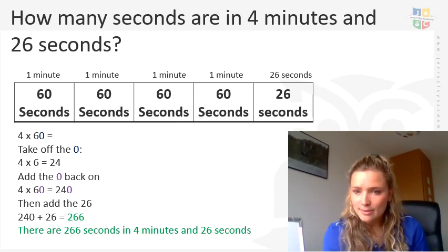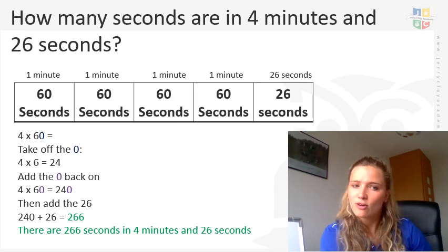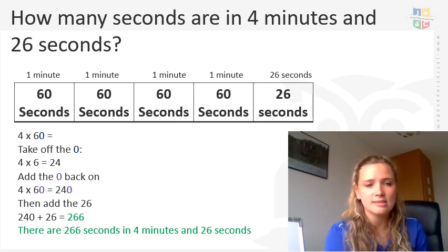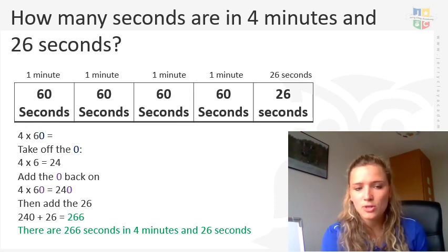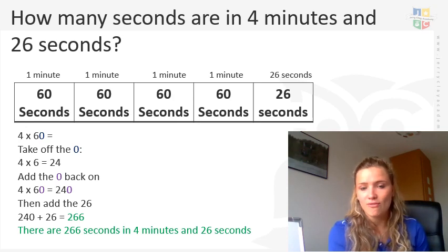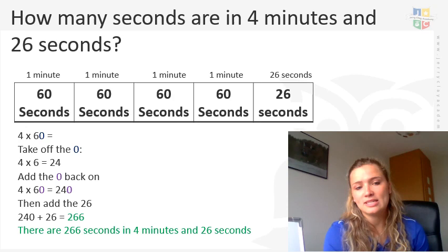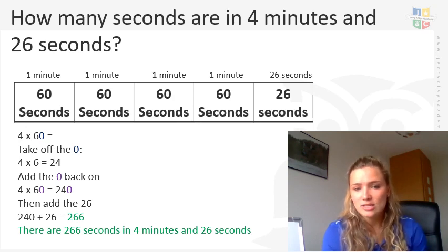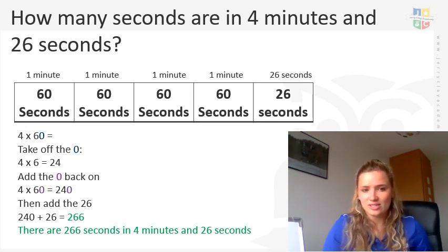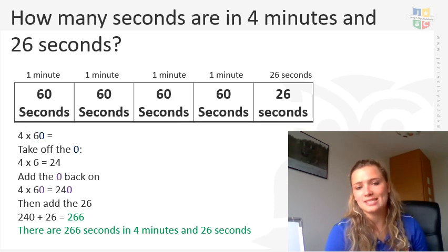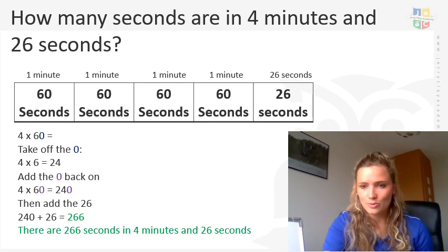You can either do your 4 times table or your 6 times table. I know we know our 4 times table probably better than our 6s. So the answer was 24. Put your 0 back on, so that's 240. Then I need to add my 26, so I can do 240 add 26. So 40 add 20 is 60, add your 6, so that's 266 seconds in 4 minutes and 26 seconds.